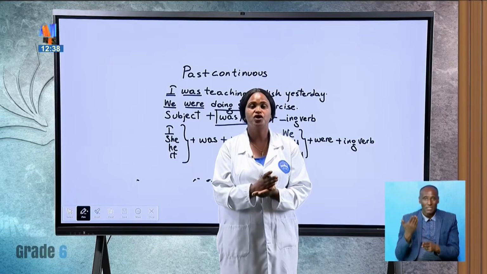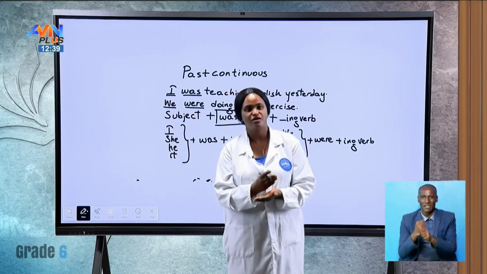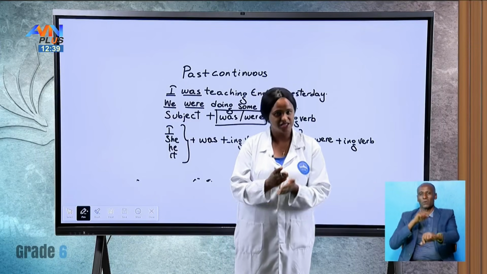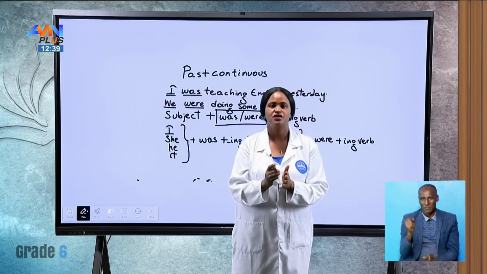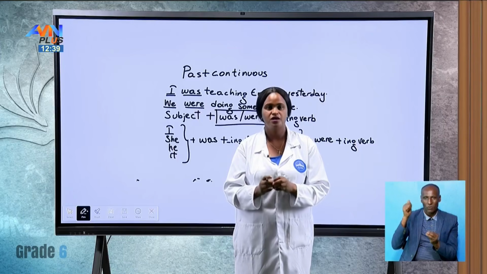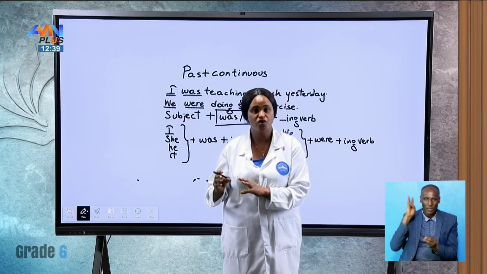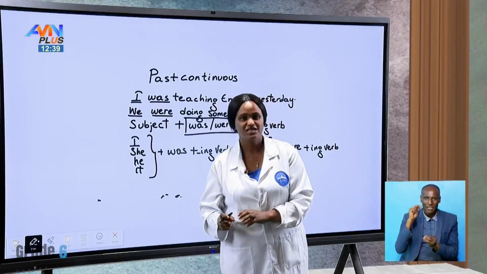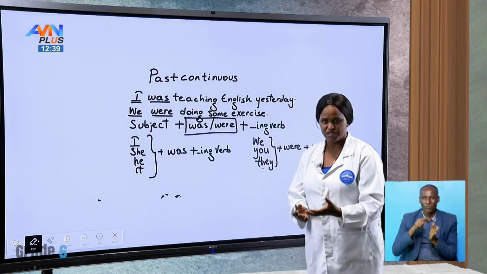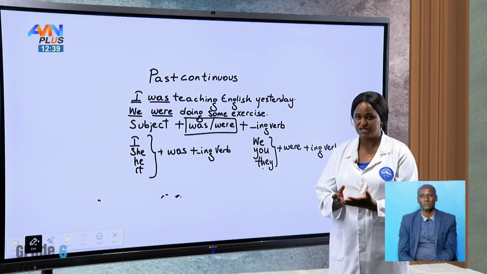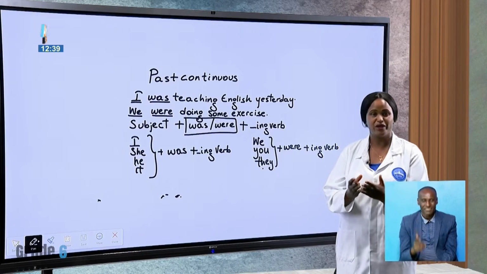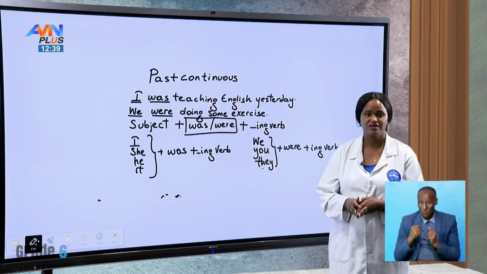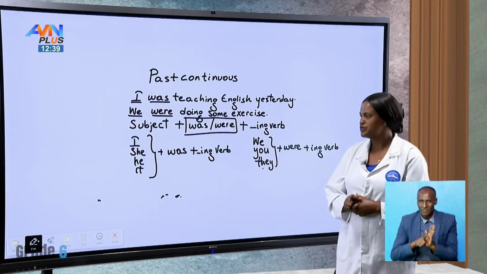Then the form of past continuous is subject plus was or were plus the ing form of a verb plus object or complement. Do you understand that? Are you able to give me more examples? Very good. I know you can do that.